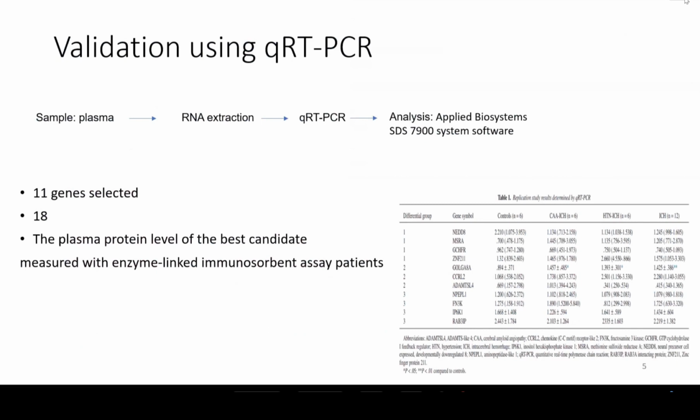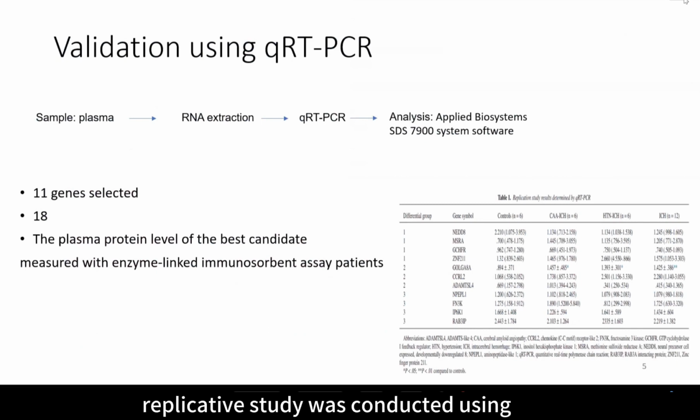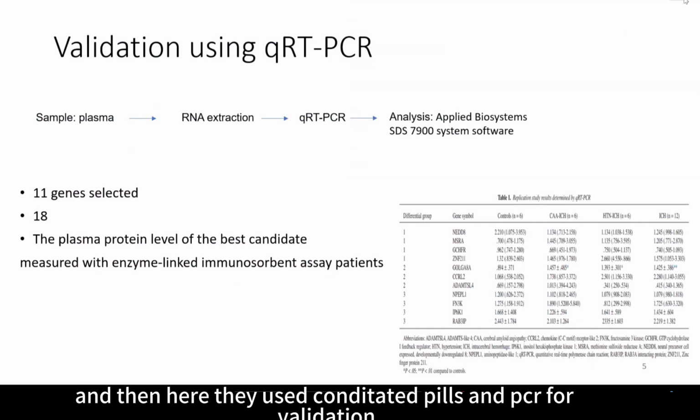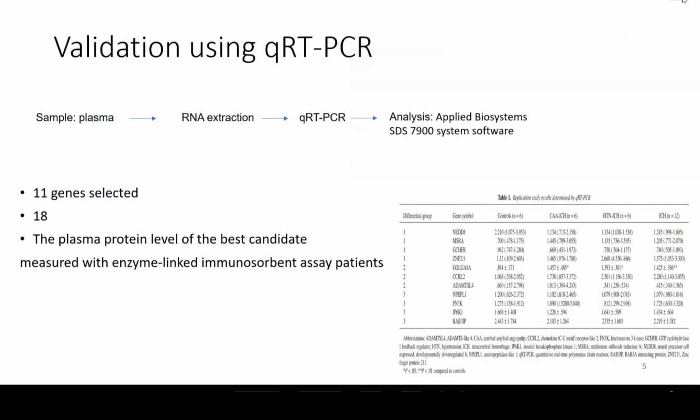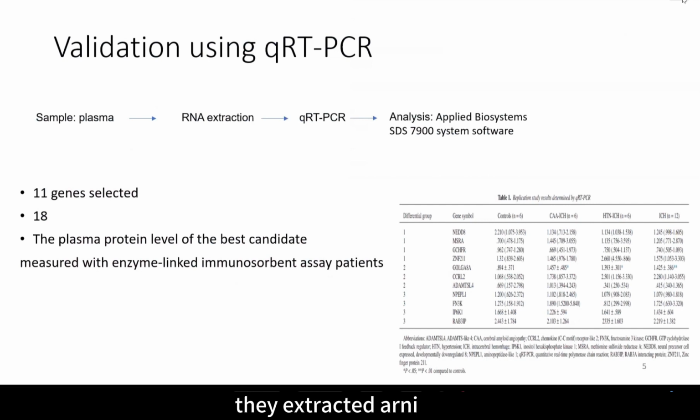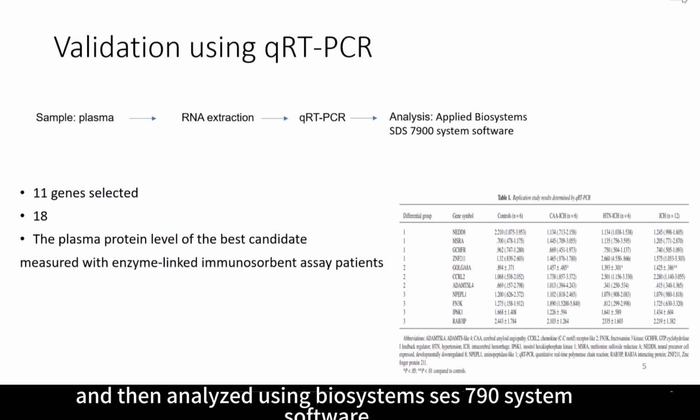Then a replicative study was conducted, and here they used quantitative real-time PCR for validation. The samples were collected from 18 patients, and then they extracted RNA, did the PCR, and analyzed using the Biosystems SDS 7900 system software.